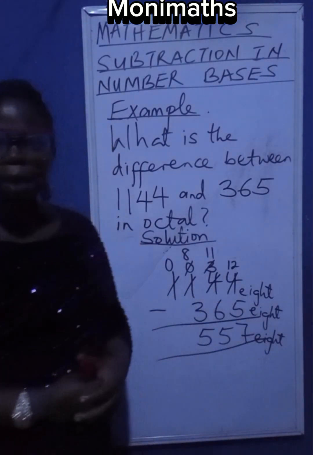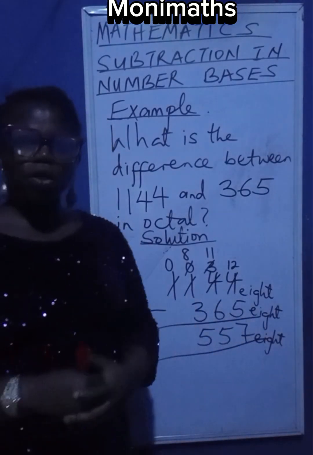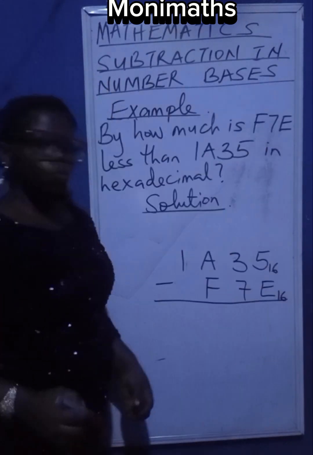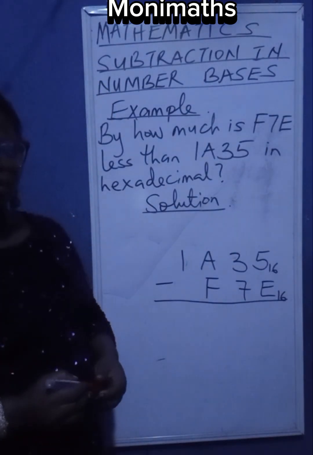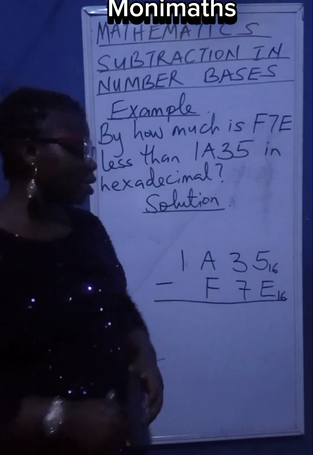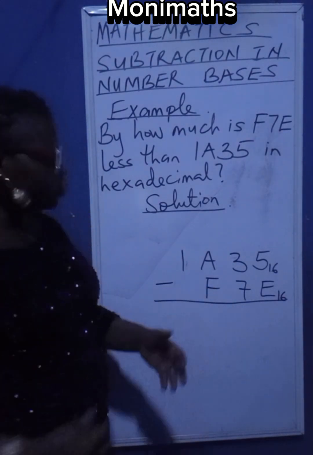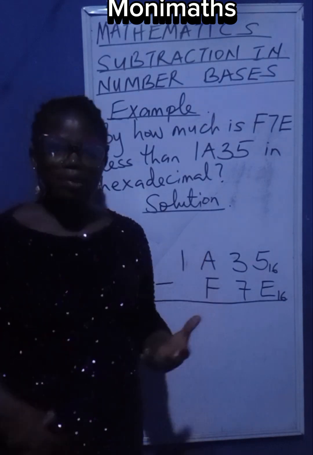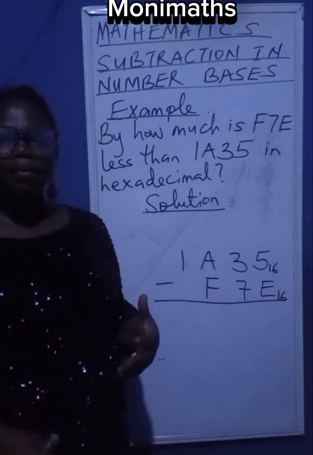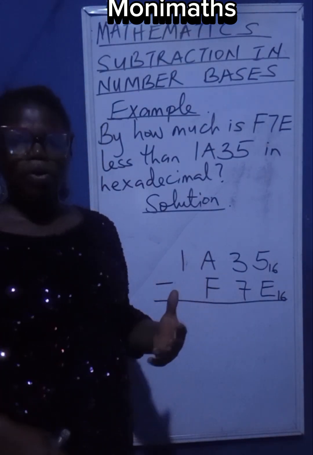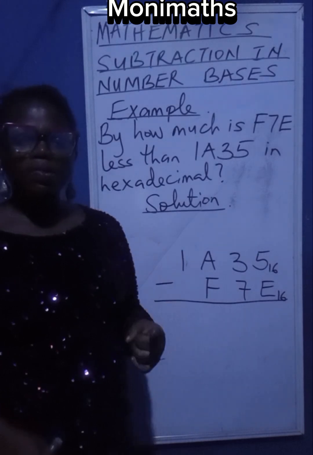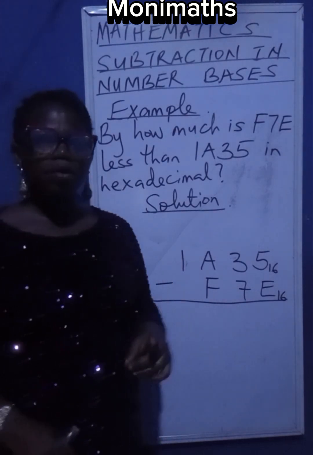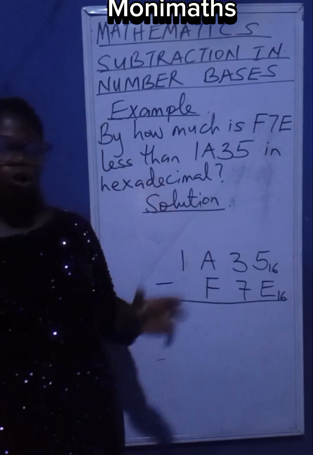Let us look at examples of subtraction in bases higher than 10. 1835 base 16 minus F7E base 16. Let us subtract. Remember we said in bases higher than 10, we represent 10 with A, 11 with B, 12 with C, and so on.